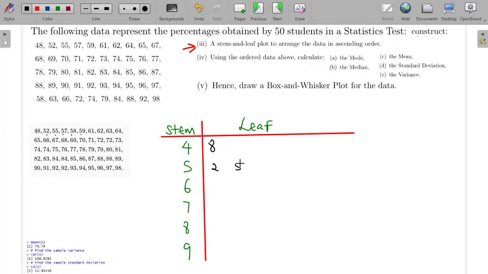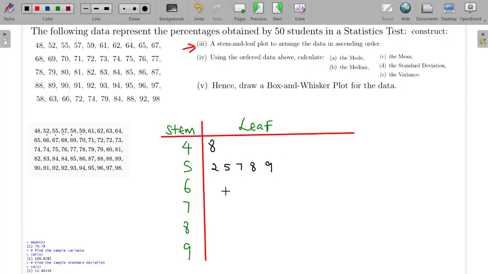Then 55, then 57, and then 58, and then 59. Okay, so that is what I have. So let me reduce the spacing. So 2, 5, 7, 8, 9.